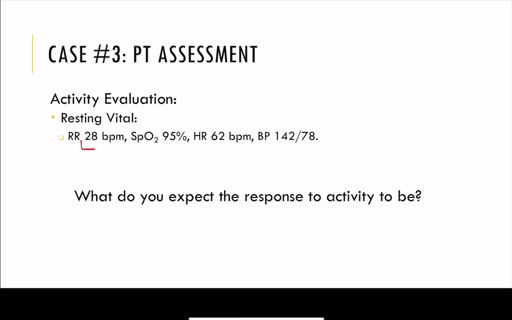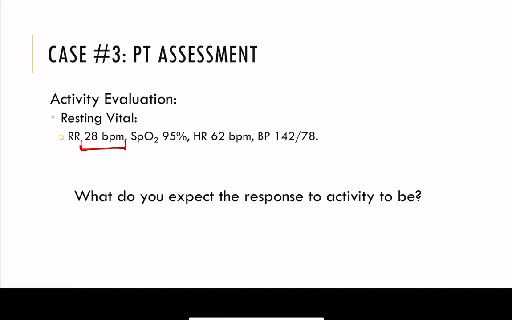Well, he's already tachypneic. This is already a high respiratory rate. What normally happens with activity? I'd normally expect respiratory rate to go up, so this might go up a little further. If there's no change in respiratory rate above resting, this might suggest to me that he's already in his respiratory reserve. He might not have any more breath to get, and then activity could become quite dangerous, right?